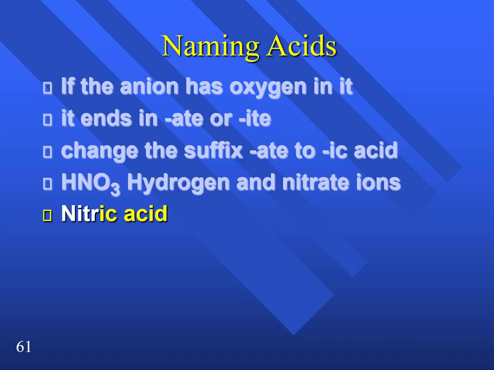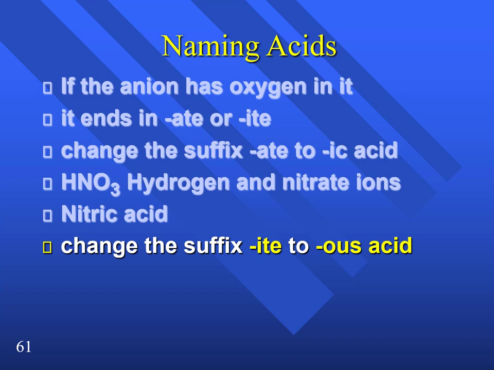So the way I remember this is, if I ate an acid, it would be icky. So "ate" and "ic" go together. I know "ic" goes with hydro and all that stuff too, but "ate" and "ic" go together. That makes that connection, I hope.